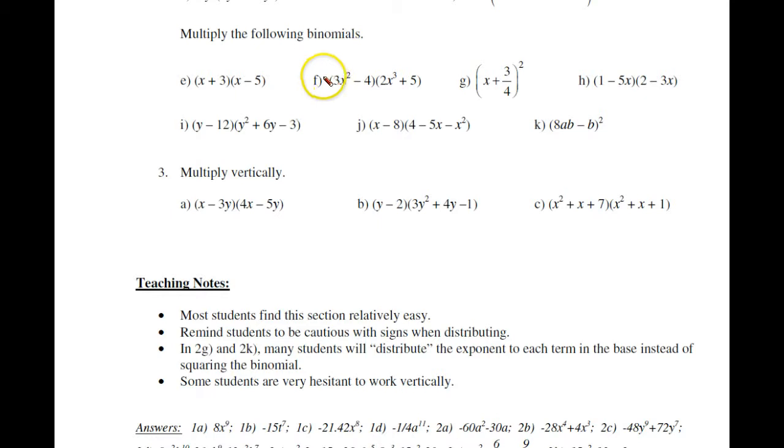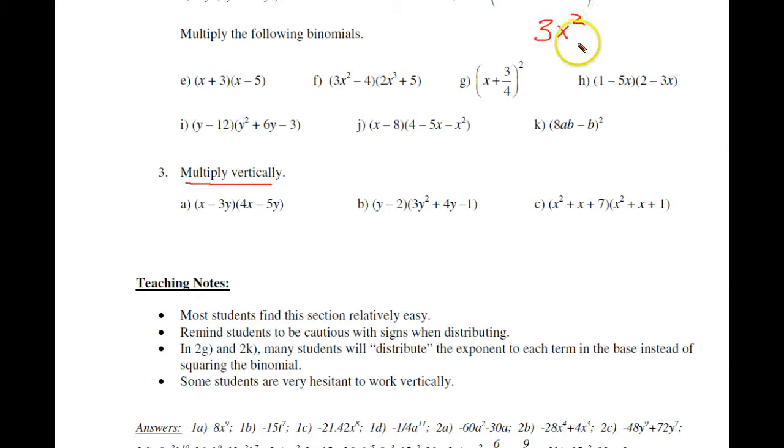Now, another way to do these, and they're going to talk about it here vertically, and I'm going to stress this because I think this is really important. This is the way you should do it. So let's set this one up here. 3x squared.